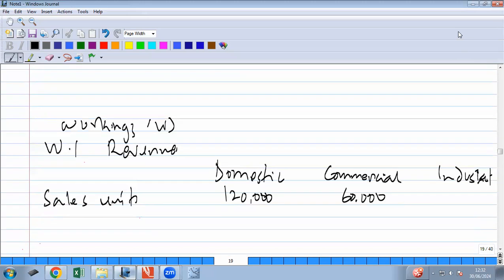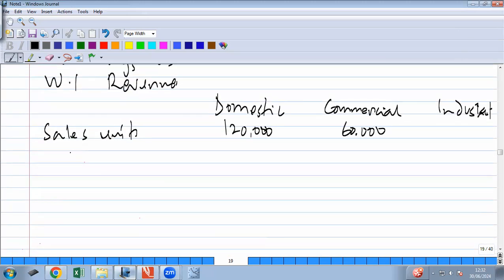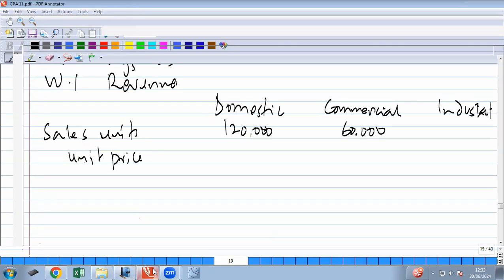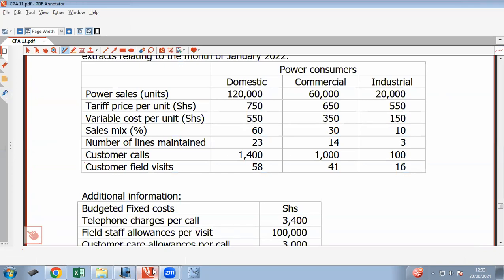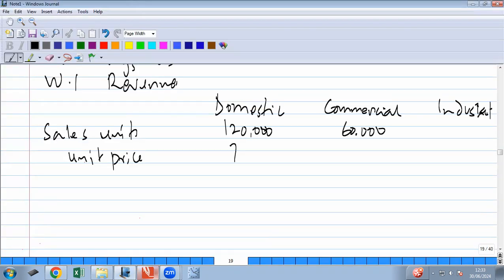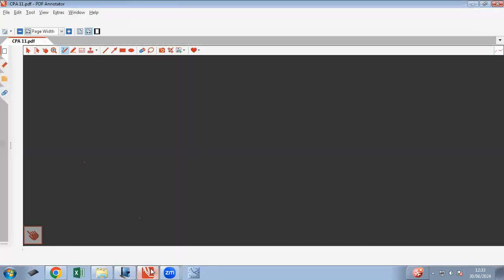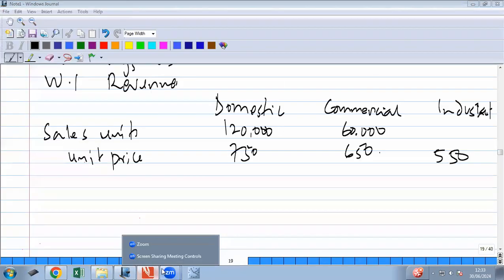Working 1, we have power sales, and I can call this the unit price, but put what they have given you, or tariff price, which is 750, 750, 650, and 550. With the units here, and so on.